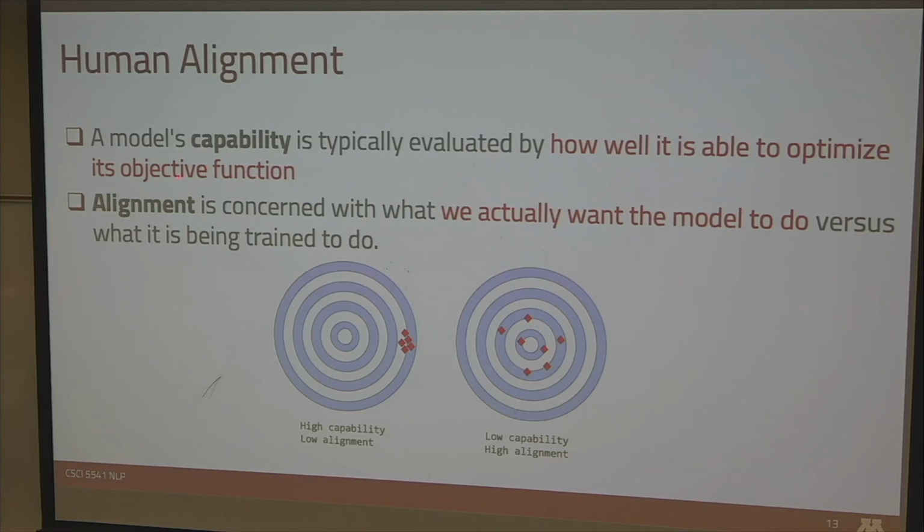And doing well on that task is not necessarily the same as producing outputs that we want, right? The alignment concept is related to what we actually want the model to do, whereas capability is evaluated by how well it is able to optimize the objective function. So those are two different concepts.